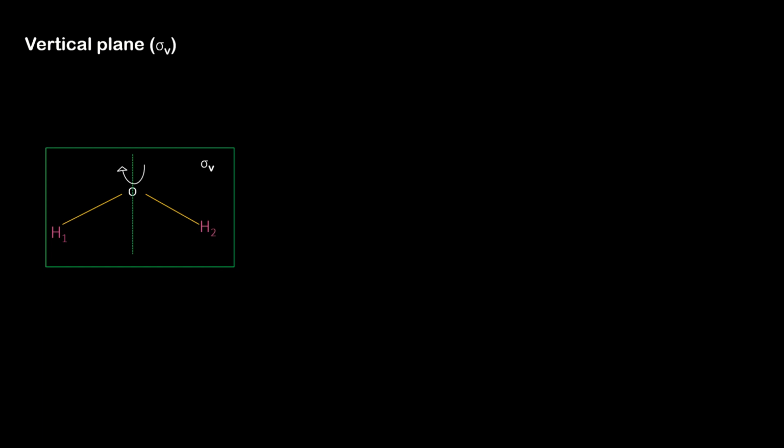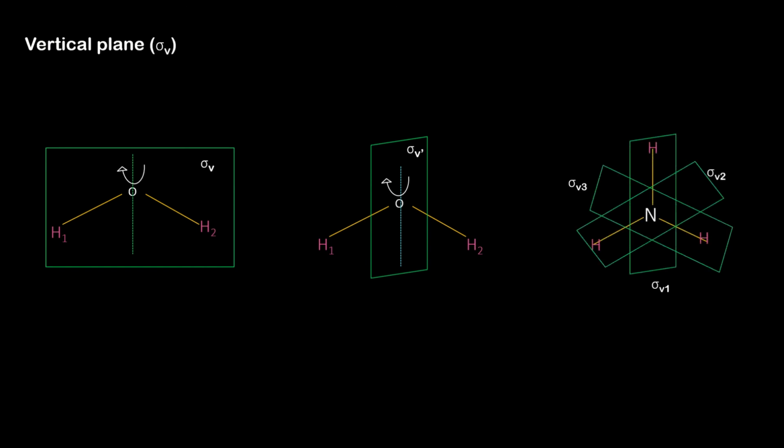There is another plane present in the water molecule which is also a vertical plane and bisects the molecule into two parts. This is also known as sigma xz or sigma prime. Another example is ammonia. Ammonia contains three vertical planes.